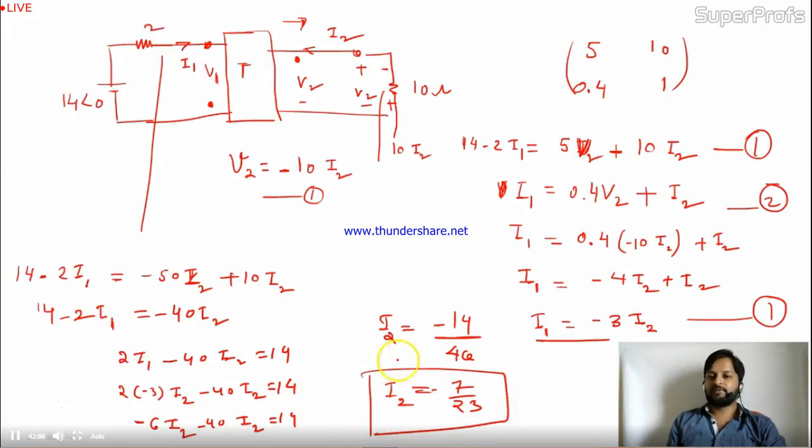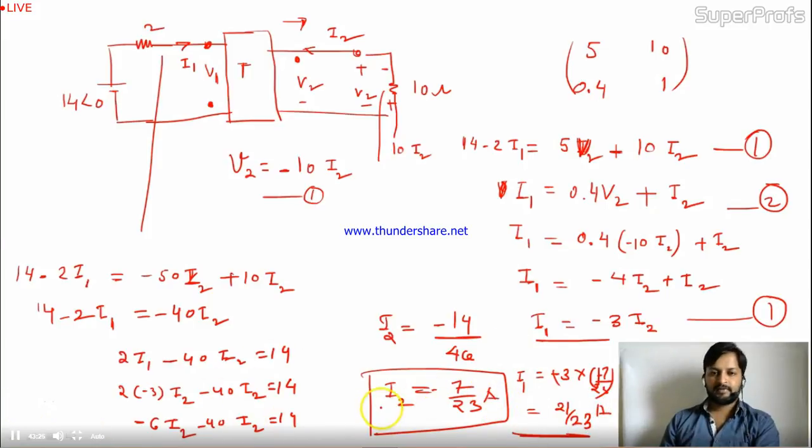This is I2. Now you can calculate I1 also. I1 is minus 3 times minus 7 by 23, minus minus becomes plus, 21 by 23 ampere. So this is the solution of that circuit.